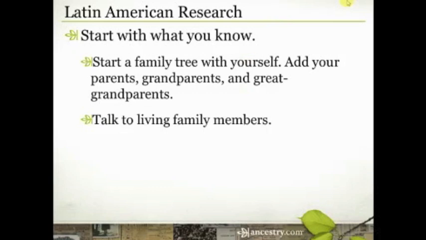So the more information that you can gather to begin with, the better off you're going to be. As a matter of fact, the more likely you're going to be able to actually build a family tree that's more than just one or two generations.